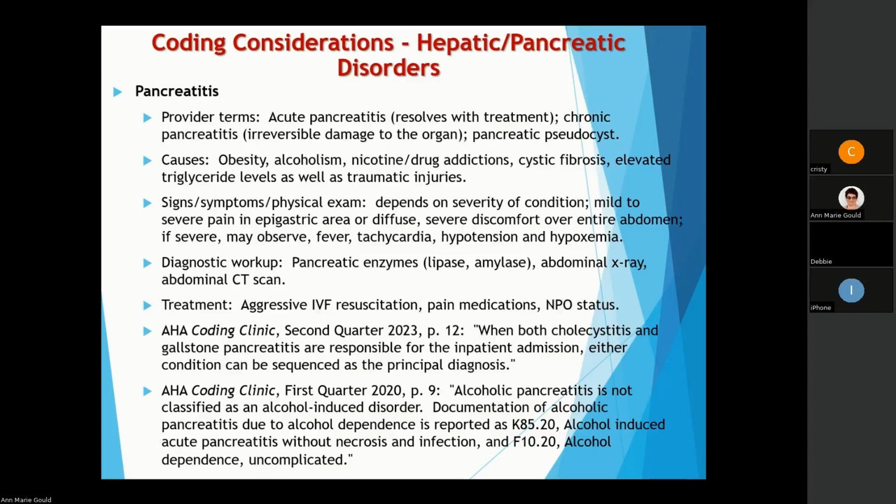Some of the causes of pancreatitis could be, of course, obesity, alcoholism, any nicotine or drug addictions, cystic fibrosis, elevated triglyceride levels associated with traumatic injuries.